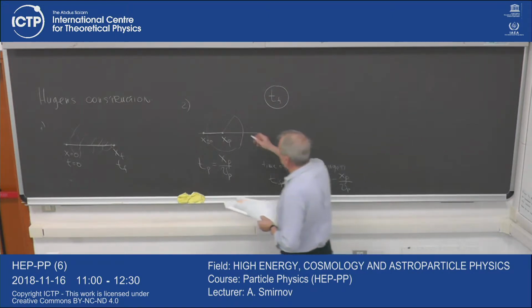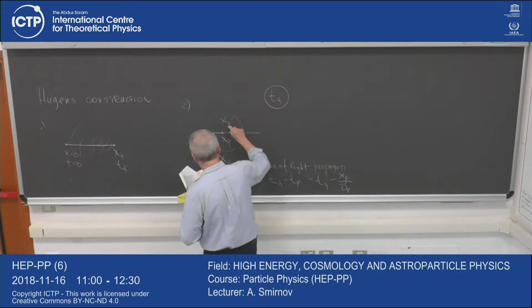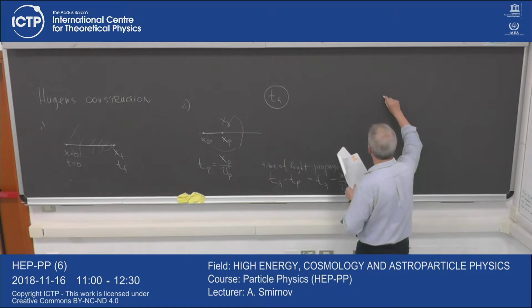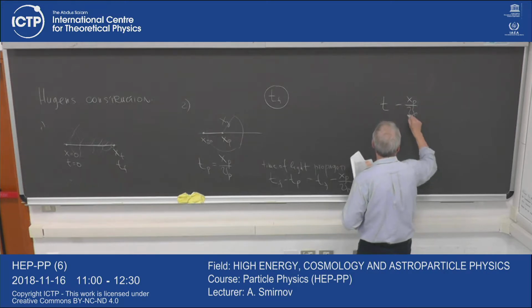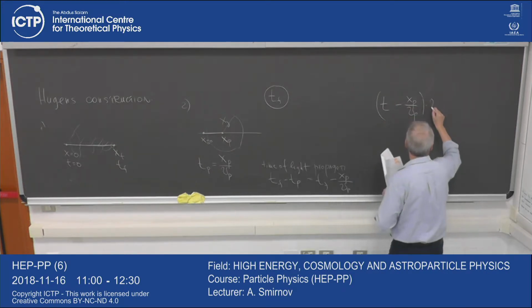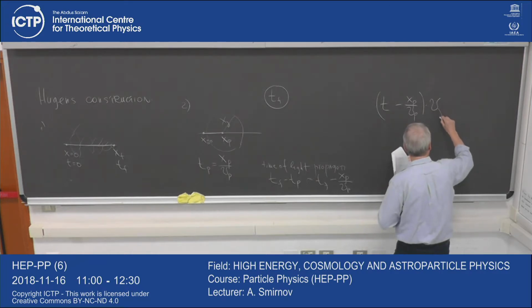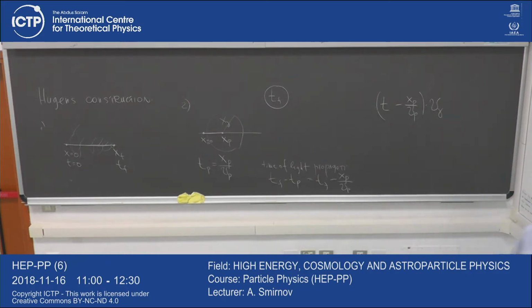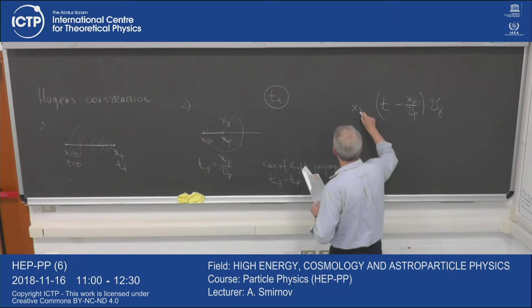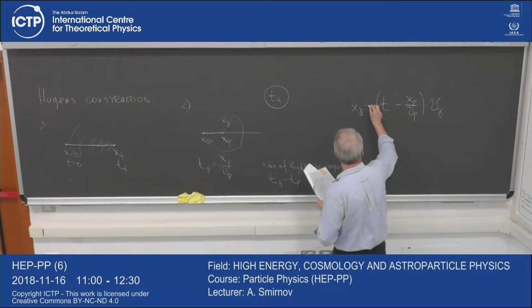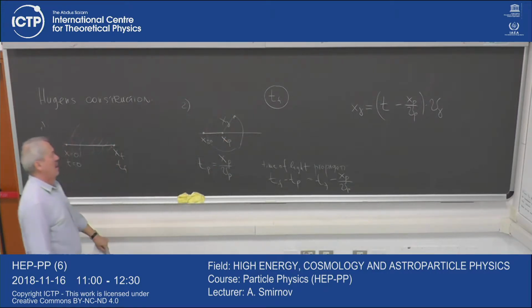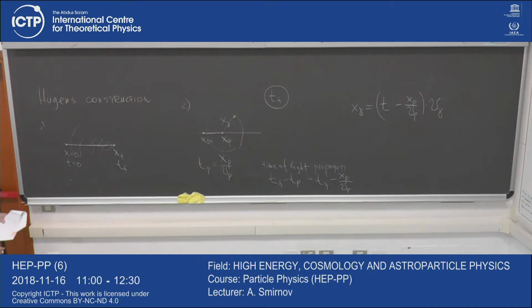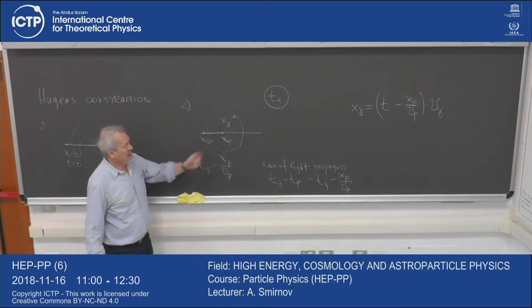And therefore the distance x gamma the light propagates is (Tf minus xp over v) multiplied by the velocity of light. So this is x gamma, the radius of the sphere, or the front of the light emitted from the point xp.